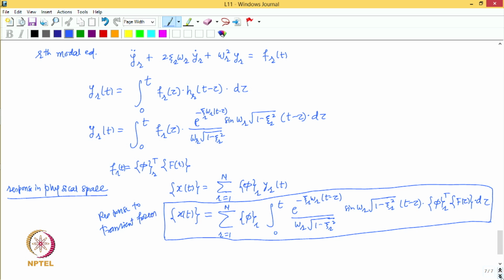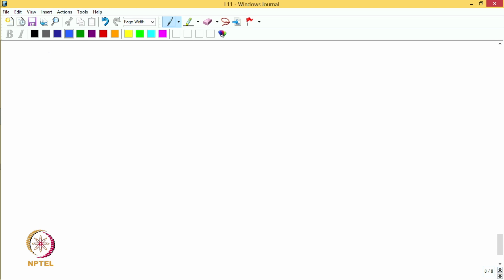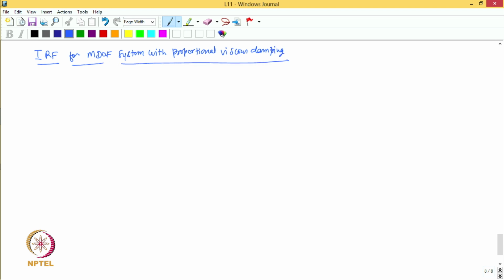Let us now define the impulse response function, IRF, for a multi degree of freedom system with proportional viscous damping, the system we just analyzed.